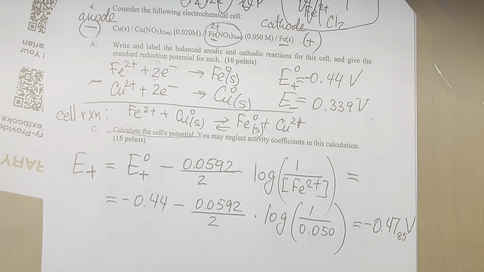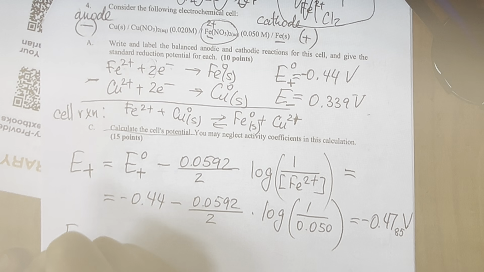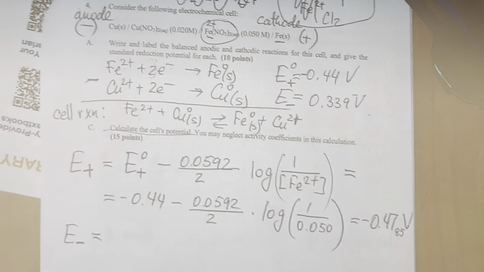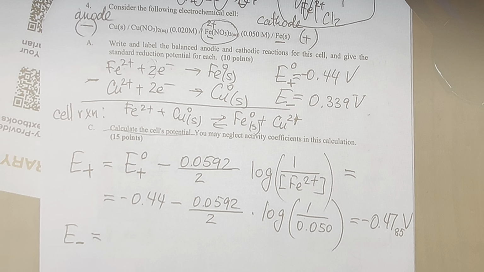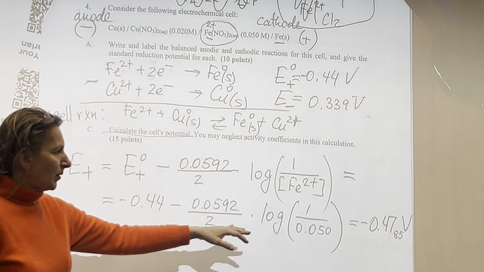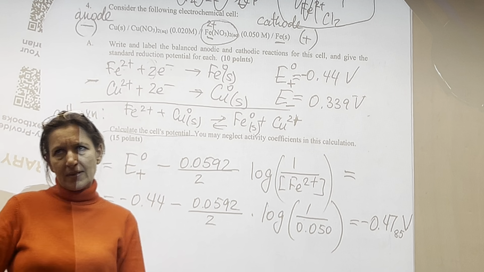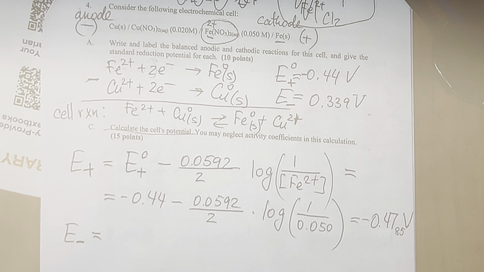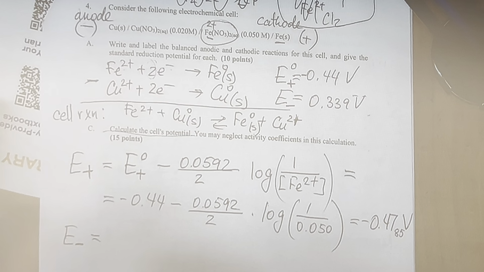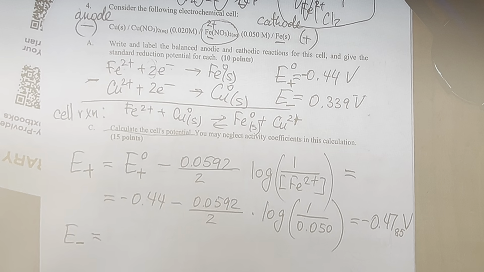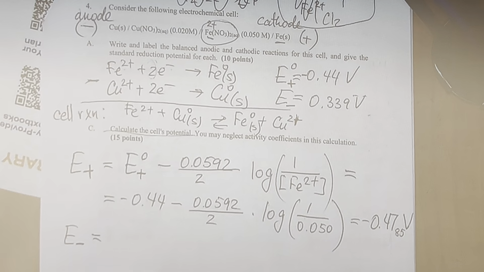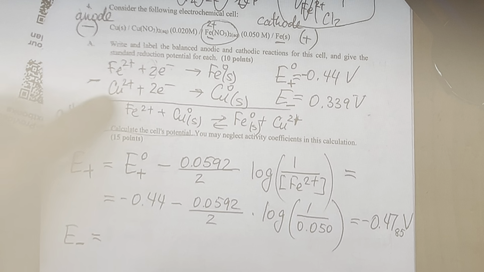Okay, I do a very similar setup for anodic potential. So you can see I corrected my standards with the conditions we had. It's slightly different. And we do the same thing for the anodic process. We look at the reaction whenever it's written as a reduction, okay?